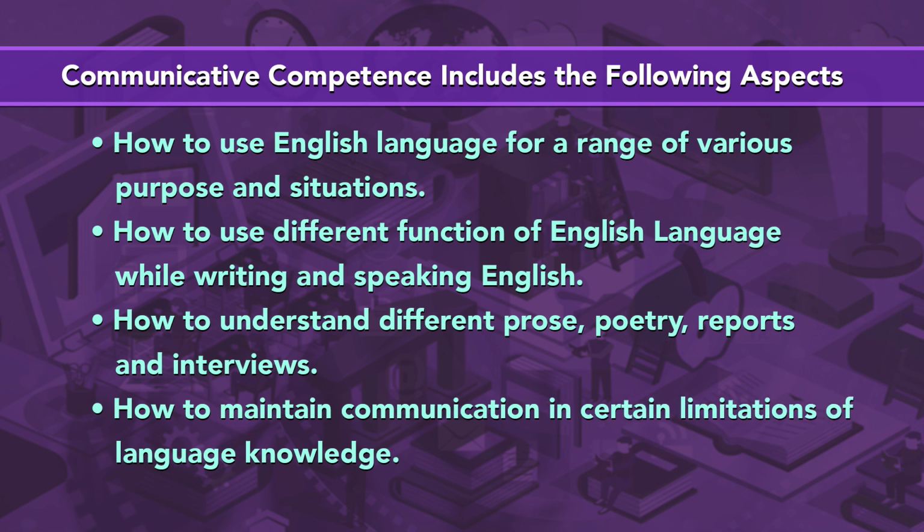Another aspect is how to maintain communication within certain limitations of language knowledge. CLT also guides learners that when you have a limited vocabulary and limited knowledge of grammar rules, how you can manage in a better way.